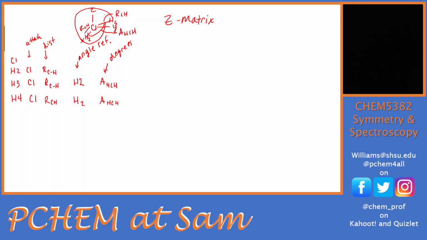So we need to define it relative to H3. Do you see what I'm looking at now? And that's a dihedral angle. Dihedral reference. And so we're going to say H3 is our dihedral reference. And so we have H2 going back to carbon, going back to H3, and so we want it to be a third of the way around. 120 degree dihedral, because it's the angle between this plane here and this plane here.